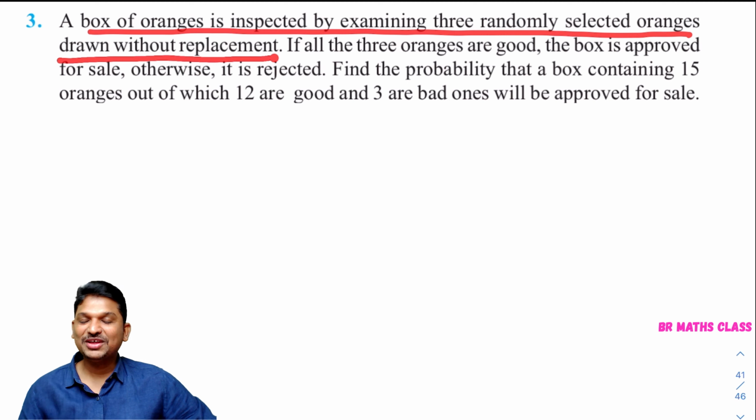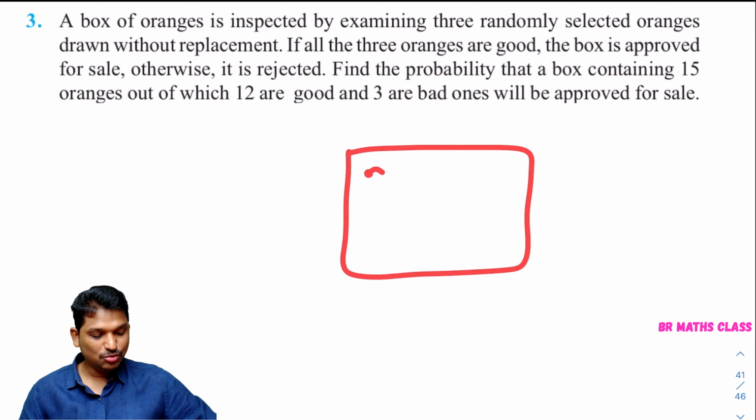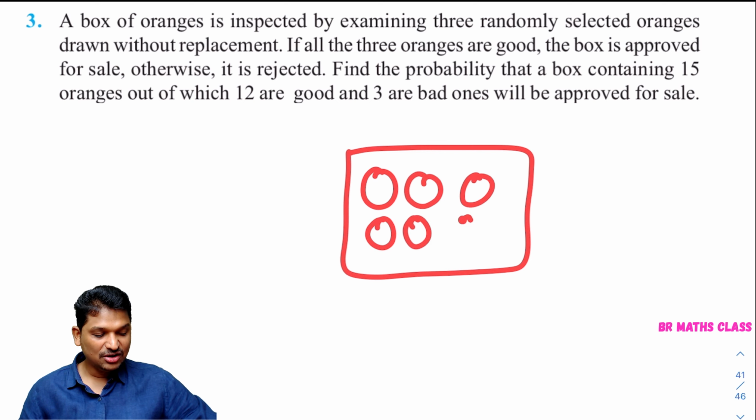Understand this. Probability is about understanding things, and understanding the question takes some time. There is a box, and in that box so many oranges are there. How are we inspecting the oranges?